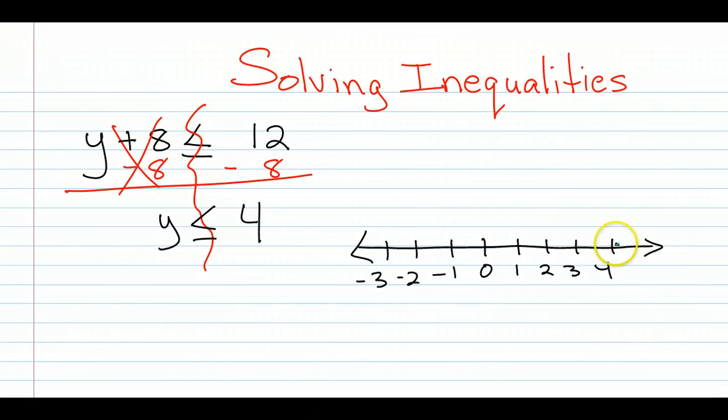Or is it going to be open? Well, if we put a 4 over here, is 4 less than or equal to 4? Yep. So 4 gets to go to the party, full stomach. The arrow is pointing off to the left, which means everything less than 4 is going to solve this inequality. So our graph would look like that.